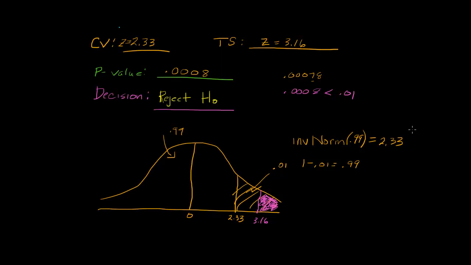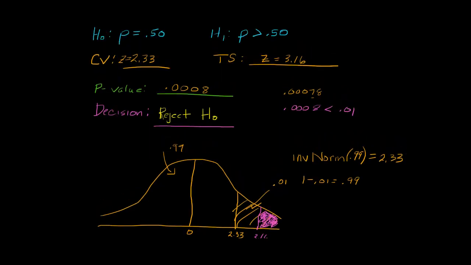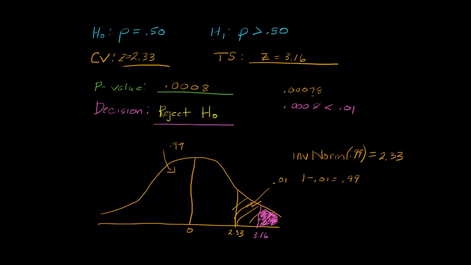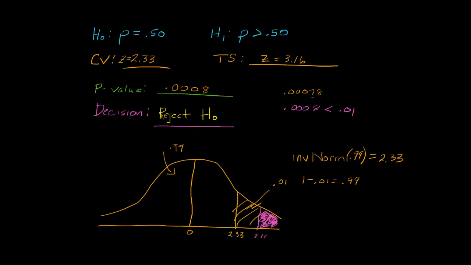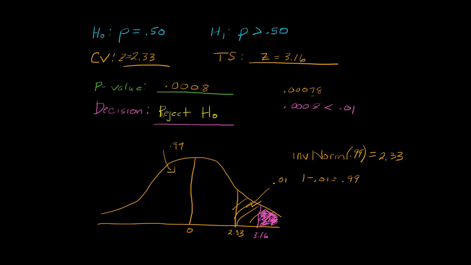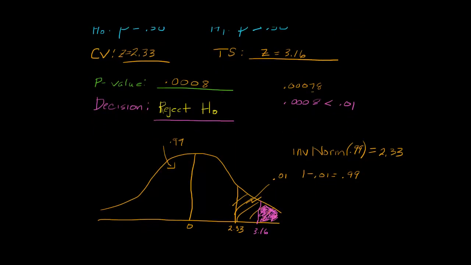Okay, so now we've done everything and we're ready to write our conclusion. Let's just look this over a little bit. So from our original claim and competing claim, we easily found the alternate hypothesis. We got our critical value using alpha and the inverse norm function. Our test statistic and p-value came from the one prop z-test.